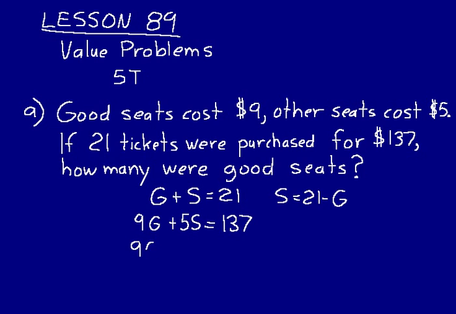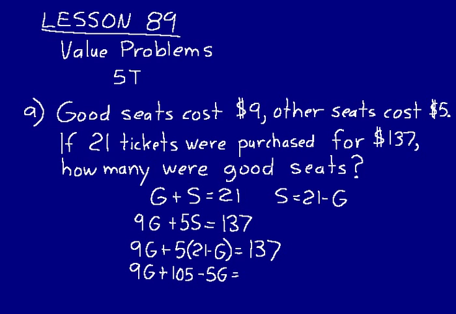So let's go ahead and substitute that in. 9G plus 5 parentheses 21 minus G is equal to 137. Go ahead and expand that out on the left. 9G plus 5 times 21 would be 105 minus 5G is equal to 137.